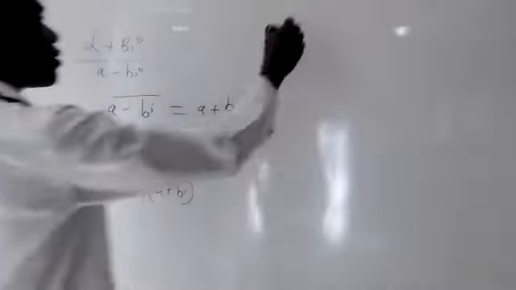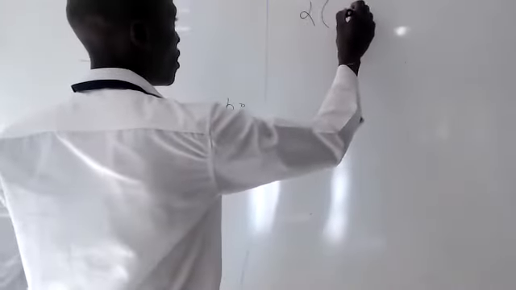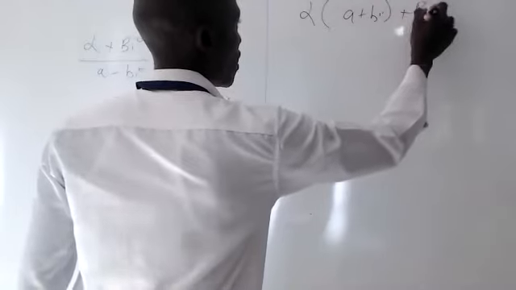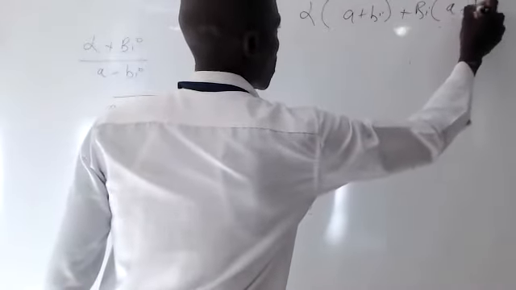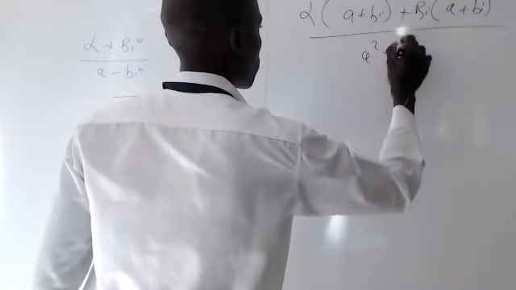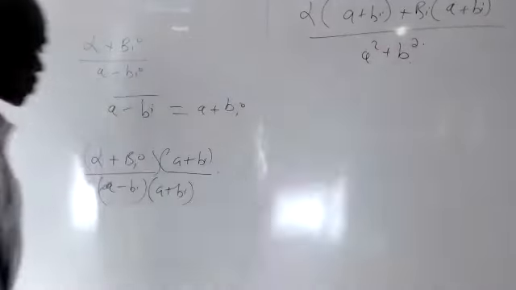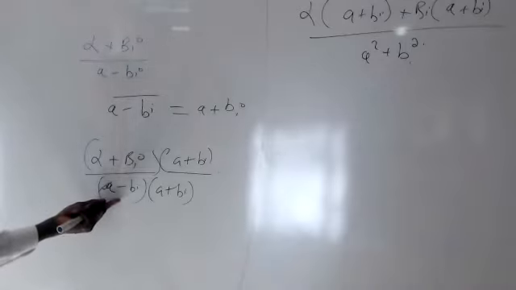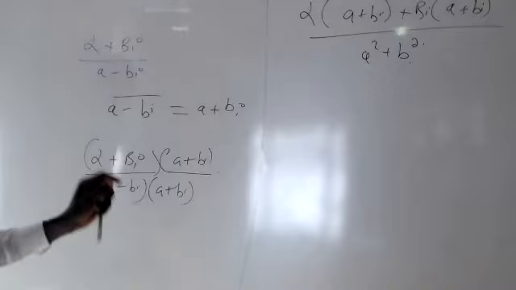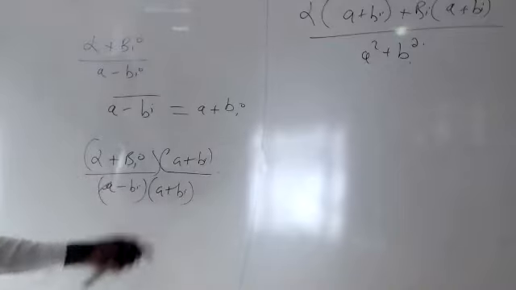Here we will have alpha multiplied by A plus BI plus beta I multiplied by A plus BI, all divided by A squared plus B squared. You know that a complex number multiplied by its conjugate is simply the square of the absolute value, so this straight away is A squared plus B squared.